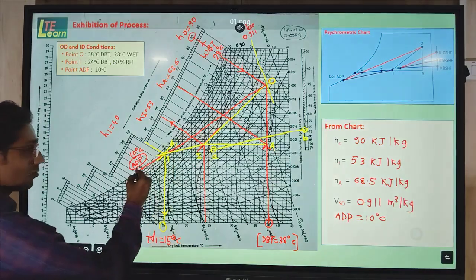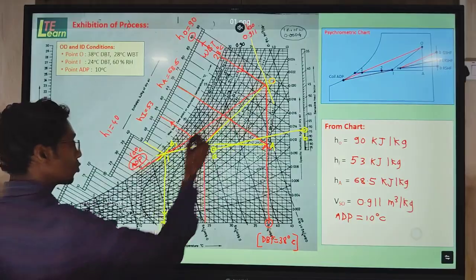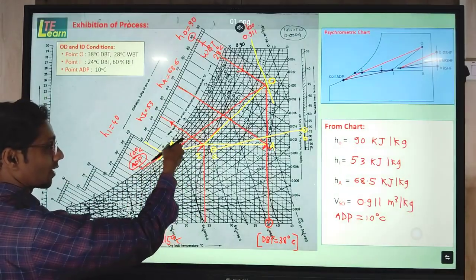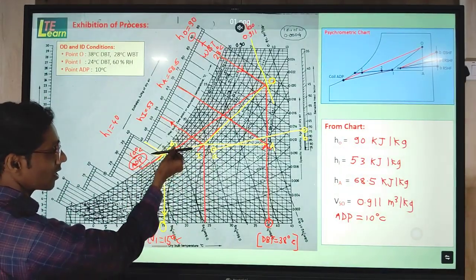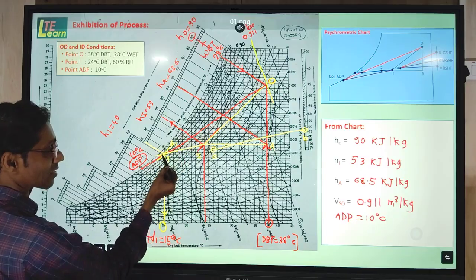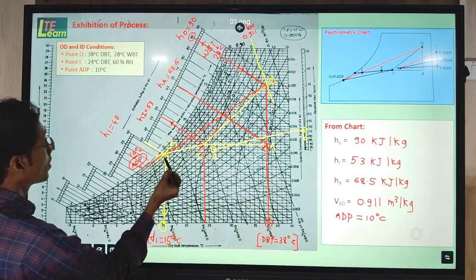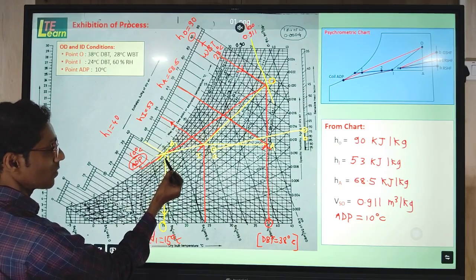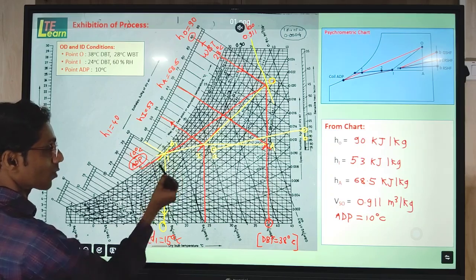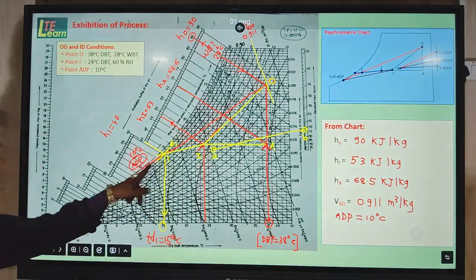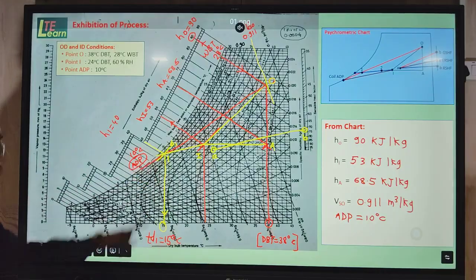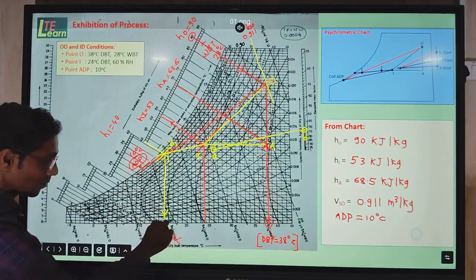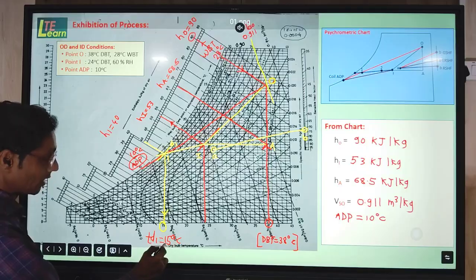Then we already had the line O to ADP, the red color line. This red line and this yellow line intersect, and this point we get is point 1. So this is point 1, which comes before the mixing chamber. Now for the condition of this point, by projecting on the dry bulb temperature scale, we find TD1.